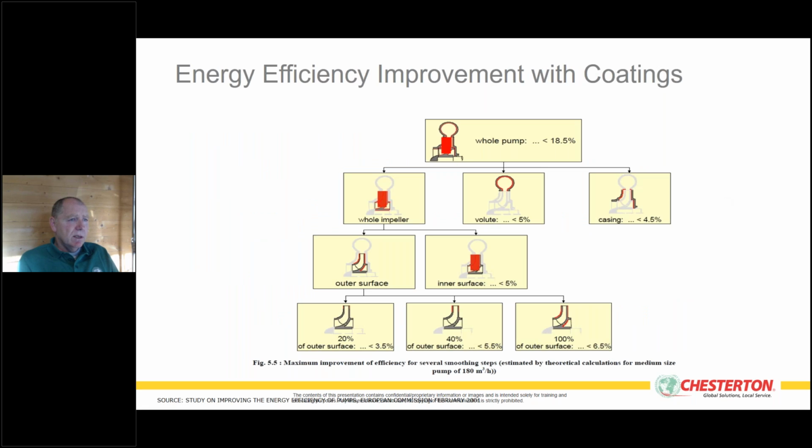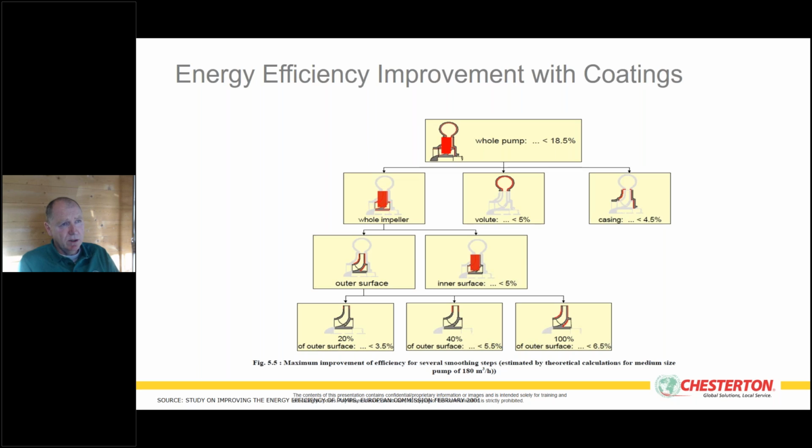And again, this is a study that was done at the University of Darmstadt in Germany many years ago, where they looked at the possible energy efficiency improvements from smoothing the pump using coatings or by polishing the surfaces.